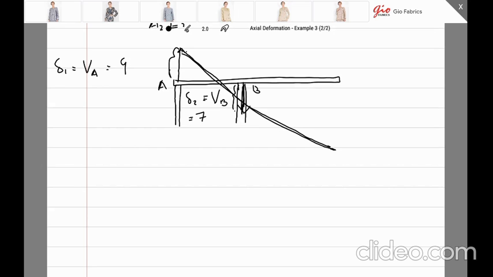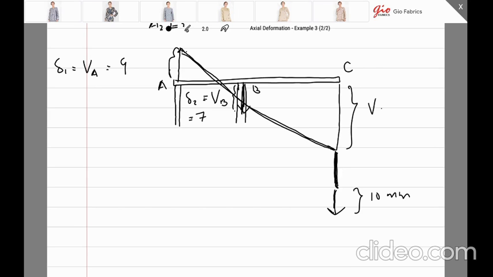Now the rod 3 also elongates by 10 mm. So let's say this is the initial length, and then it elongates with 10 mm here. So now we want to find the displacement at point C here, so that we can sum up.